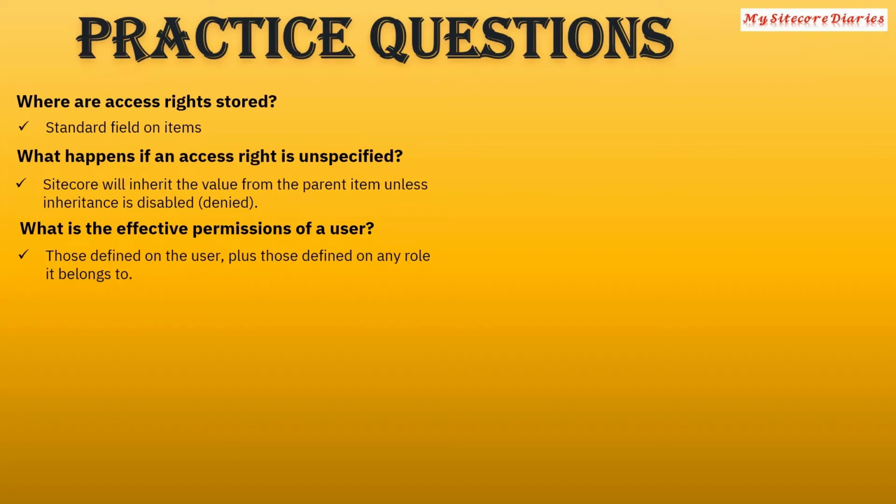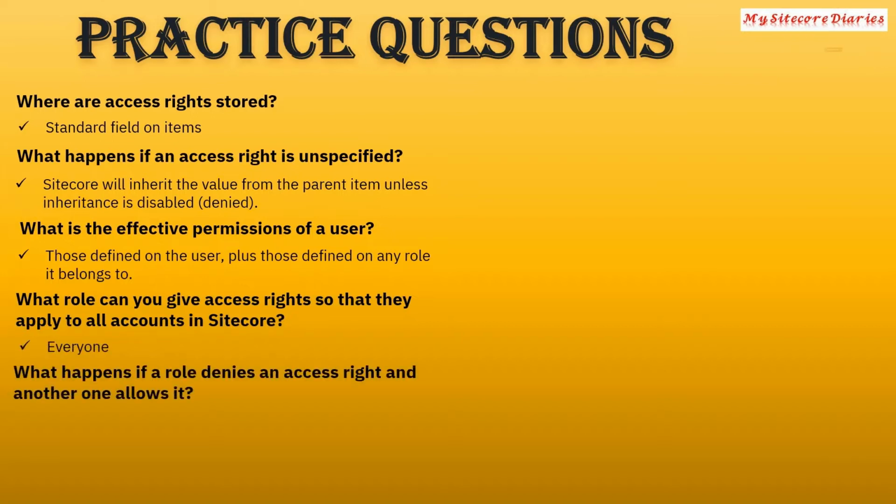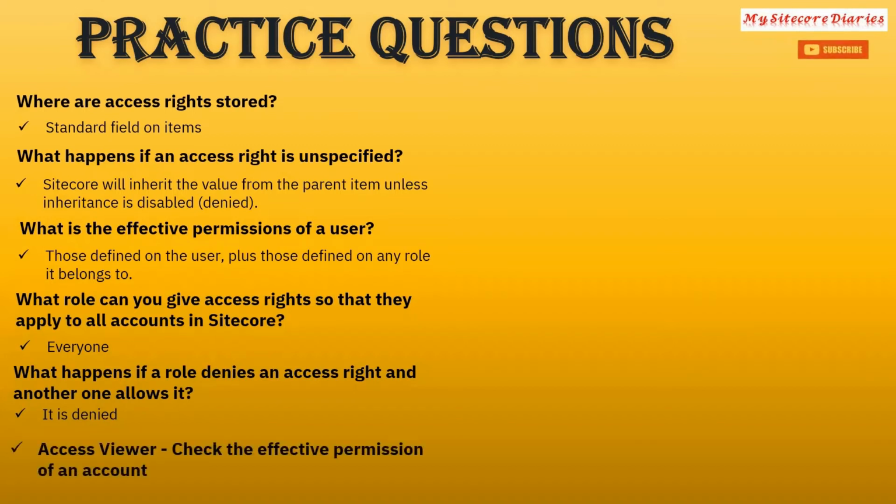What role can you give access rights to so that they apply to all accounts in Sitecore? Everyone. What happens if a role denies an access right and another one allows it? As we said before, it is denied because deny gets precedence. Access Viewer checks the effective permission of an account.